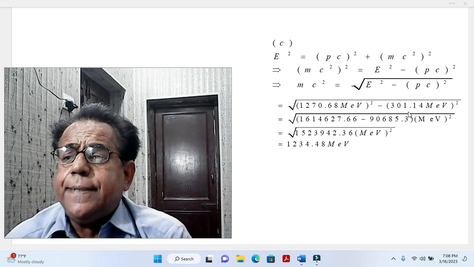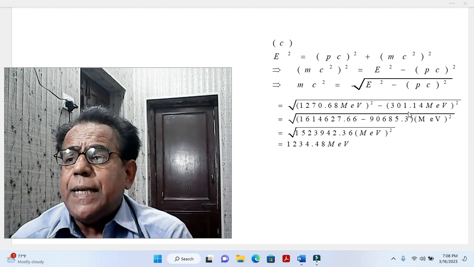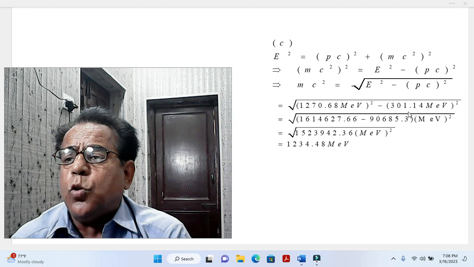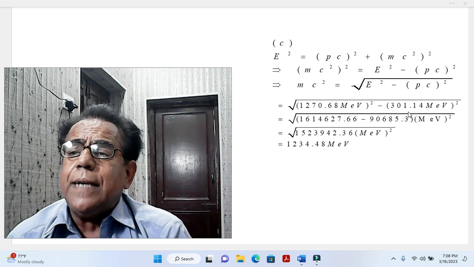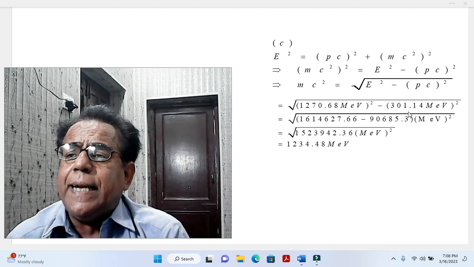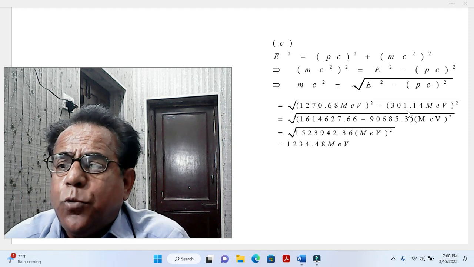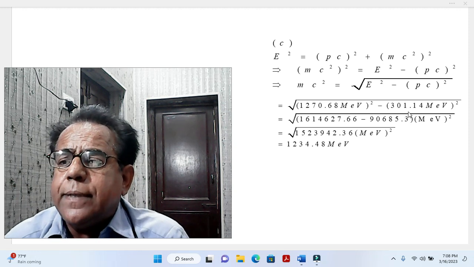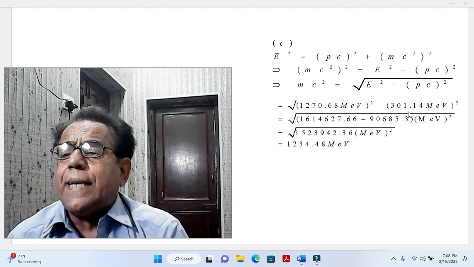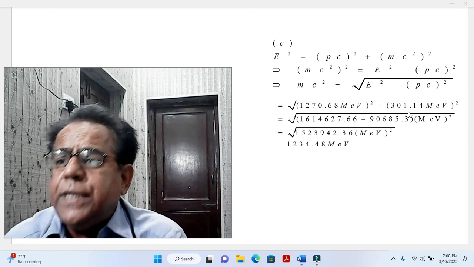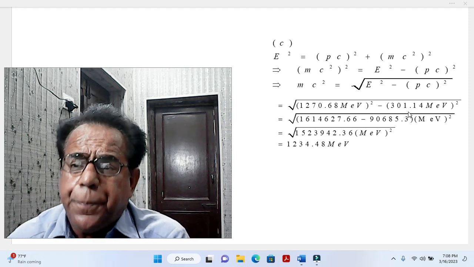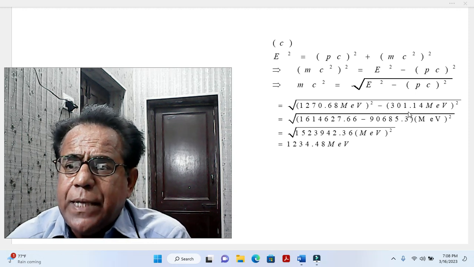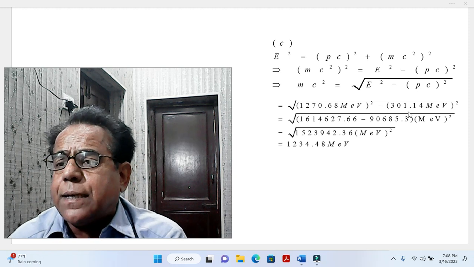In the next step we have taken MeV, million electron volt whole square, as common, and then the square of 1270.68 is equal to 1614627.66. Similarly, the square of 301.14 is equal to 90685.3. After simplification, this becomes the square root of 1523942.36 million electron volt square.